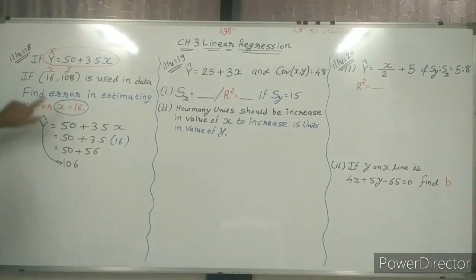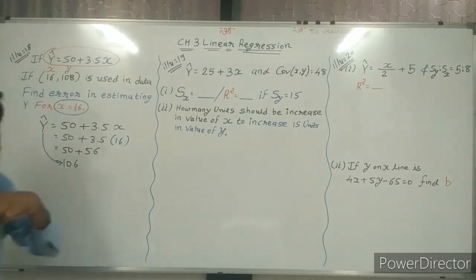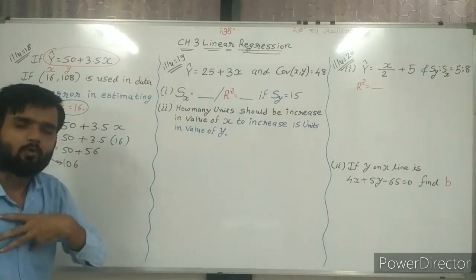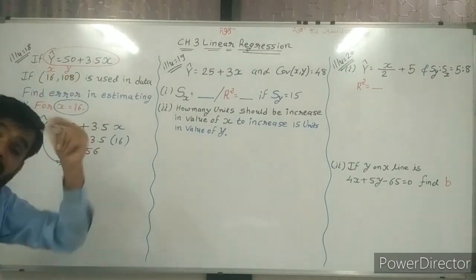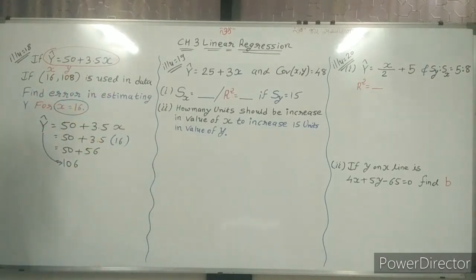But sir, for x is equal to 16, what do we need to find? What is my objective? Find the error in estimating y. Estimating y means y cap. Estimation means cap, in the last lecture we have discussed already. So y cap. Now how can we find the error?